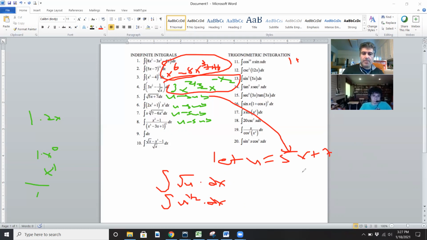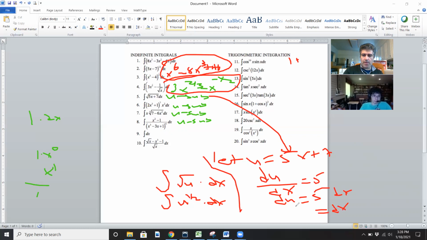That's not hard: when you have U equals 5x plus 7, du/dx is just 5. So du is 5 dx, and dx is du over 5. So U to the 1 half times du over 5.